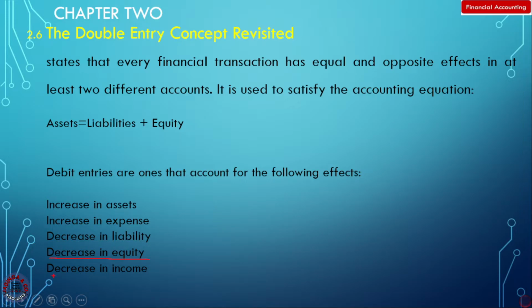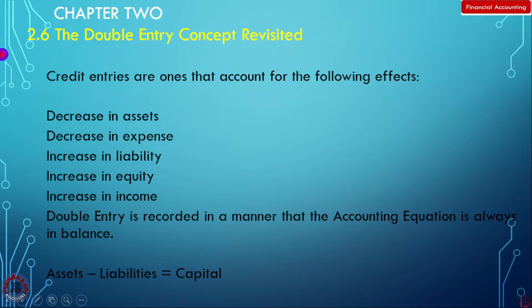Again, we're also saying that a decrease in income: when you debit income, you will decrease the value of that income account. So that I think is self-explanatory. And then we're also saying that credit entries are ones that account for the following facts.